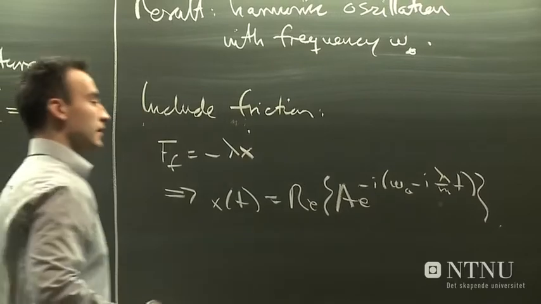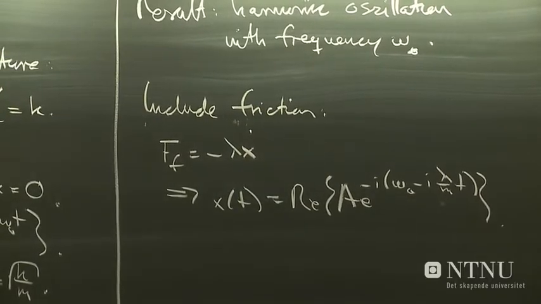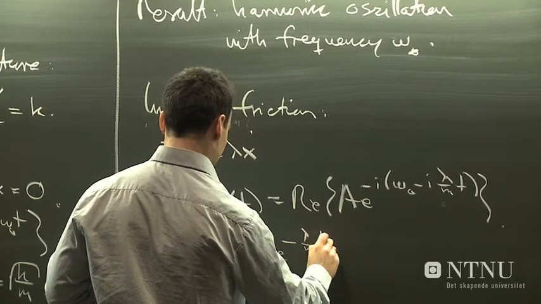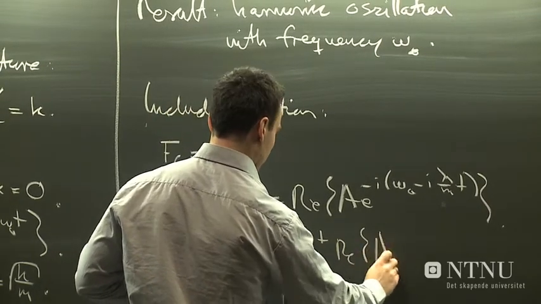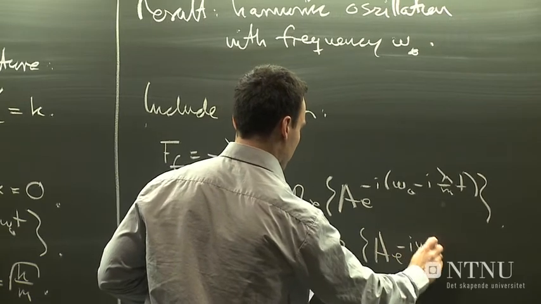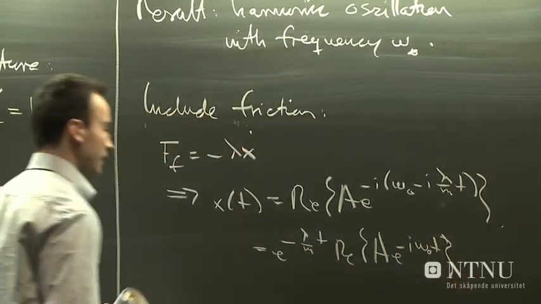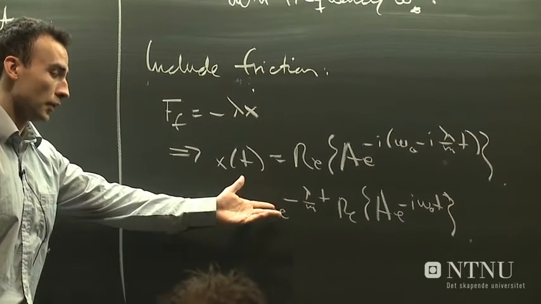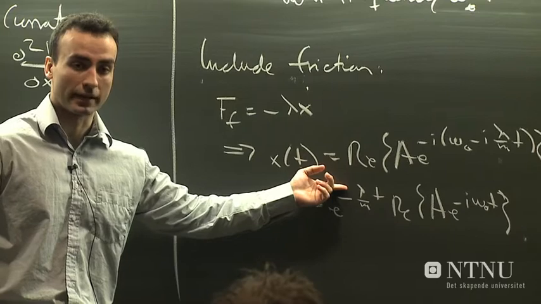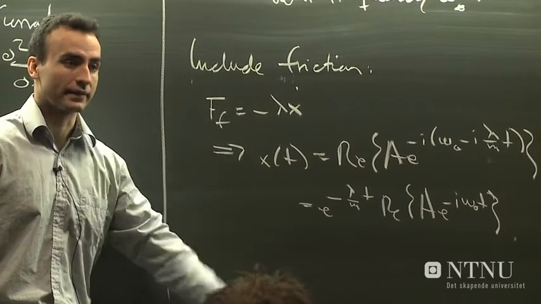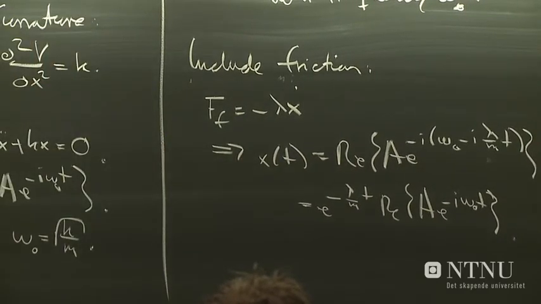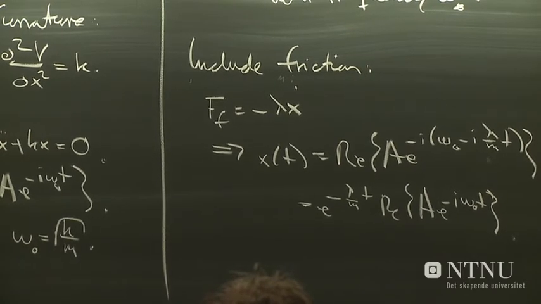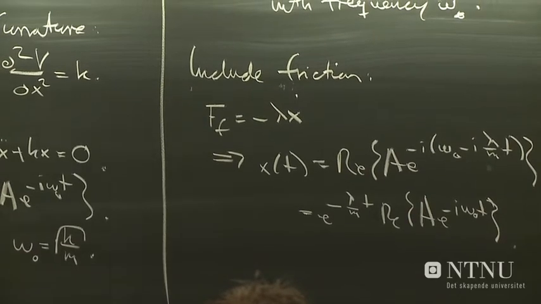So we get this additional term in the exponent here. Like this. So you see we get a damping. Or possibly, if lambda is negative, we actually get an exponential increase in the oscillation. So all of this stuff is hopefully well known to you, and it serves as the foundation of what we'll do next.